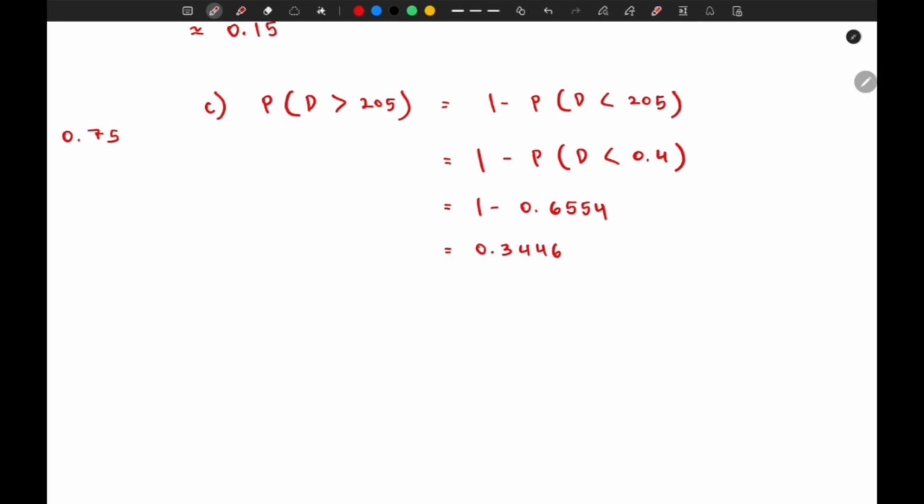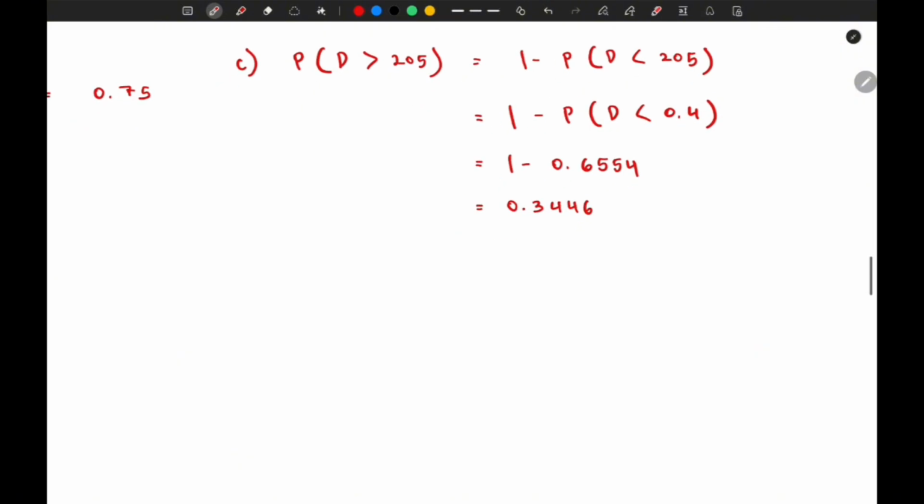This is just for one ball, but we're talking about 3 balls in this part. So the first ball will be greater than 205 millimeters, and the second ball, since this is an independent event, the probabilities will be multiplied. The second ball will be the same, greater than 205, and the third ball will be greater than 205.